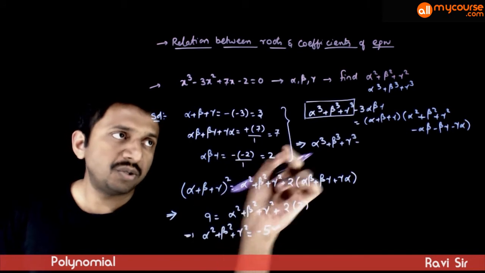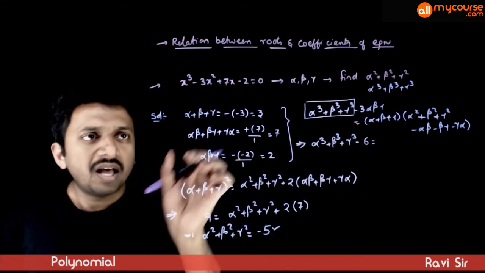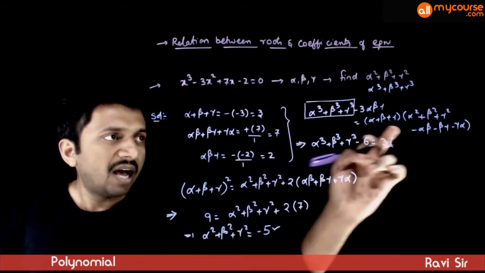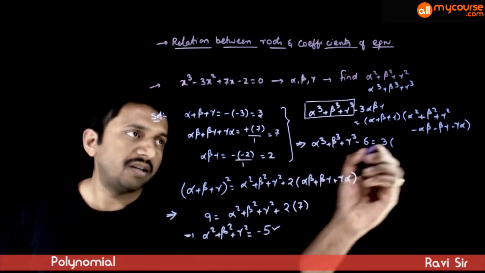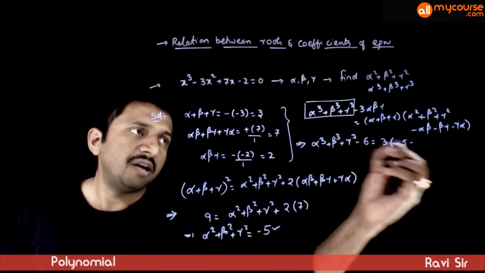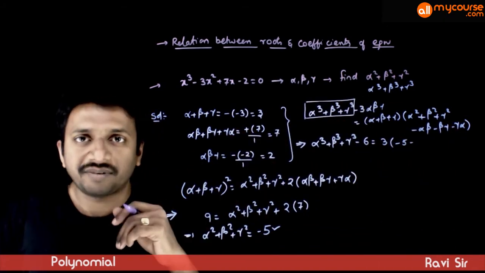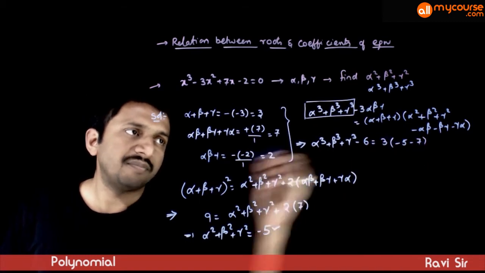Alpha beta gamma is 2, so minus 3 into 2, which is 6, is equal to alpha plus beta plus gamma, 3, times alpha square plus beta square plus gamma square, which I've already found, minus 5, minus of alpha beta plus beta gamma plus gamma alpha. If you take a minus common, so you get 7.